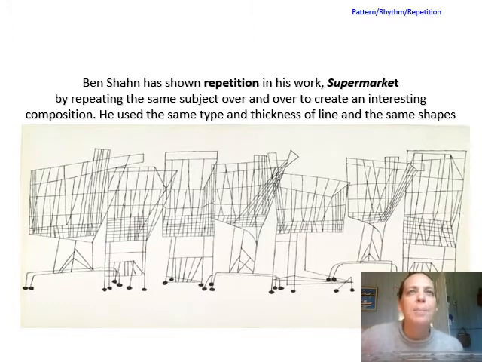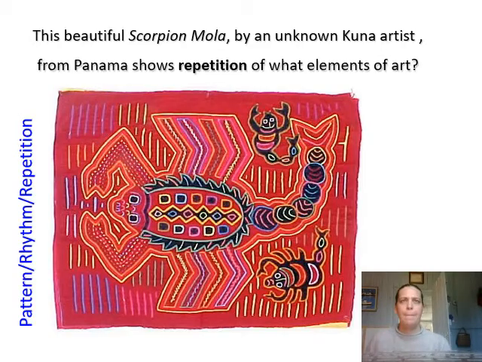So here the artist Ben Shahn has shown repetition in line. You see all those shopping carts and the little circle wheels, they repeat. We see the same kind of line throughout. Same shapes too. Here's a scorpion mola.